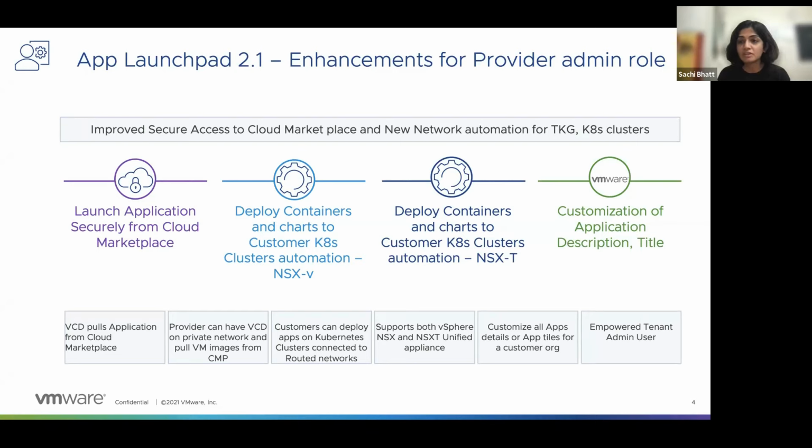It's just reading the IP so that it can reach that particular Kubernetes cluster's access IP, and then tenant users will be able to deploy these applications on the fly as soon as the cluster is available.